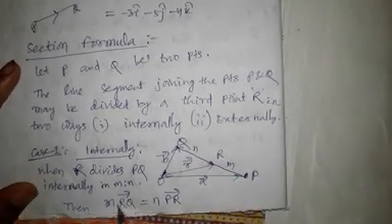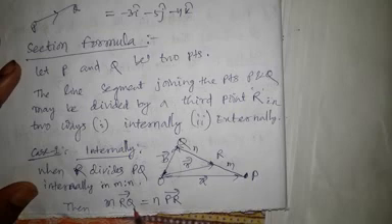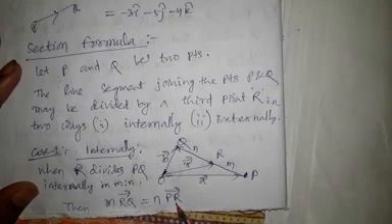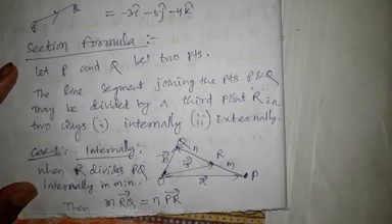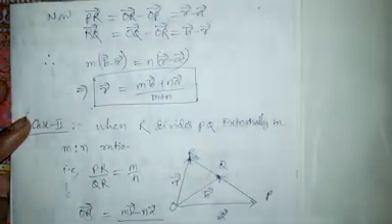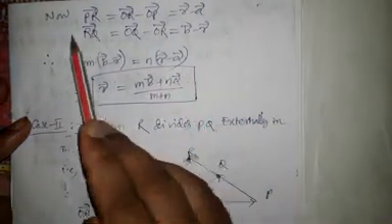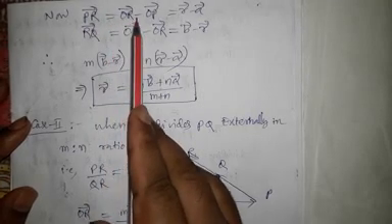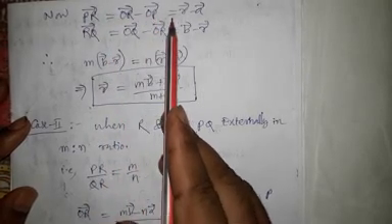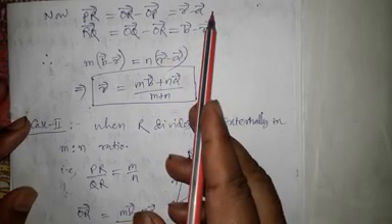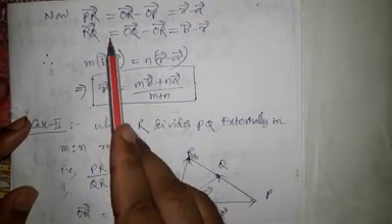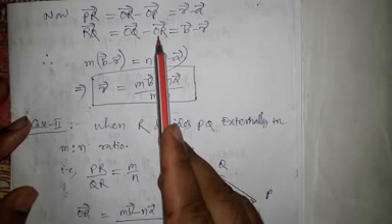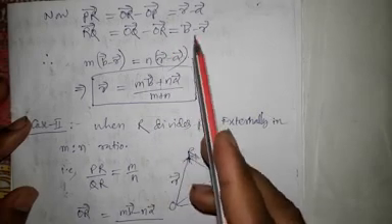So then M times vector RQ is equal to N times vector PR. Now vector PR is equal to OR vector minus OP vector, that is R minus A vector. Vector RQ is equal to OQ minus OR vector, which is equal to B minus R vector.